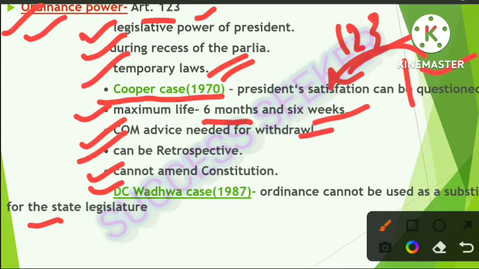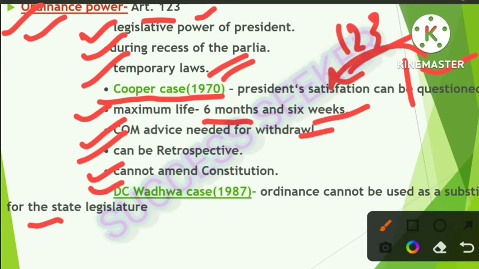For that reason, the DC Wadhwa case was held in 1987. Many laws were passed during the recess period when the state legislature was not in session, so many ordinances were passed. So the Supreme Court said that an ordinance cannot be used as a substitute for the state legislature.